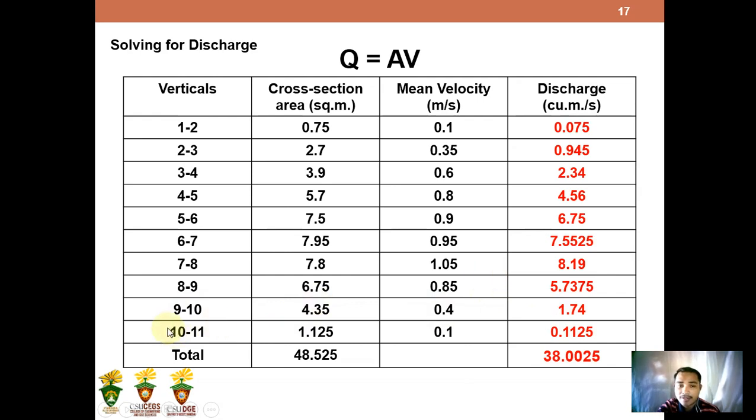And lastly, for verticals 10 to 11, we have a cross-section of 1.125 and a mean velocity of 0.1, which results in a discharge of 0.1125.